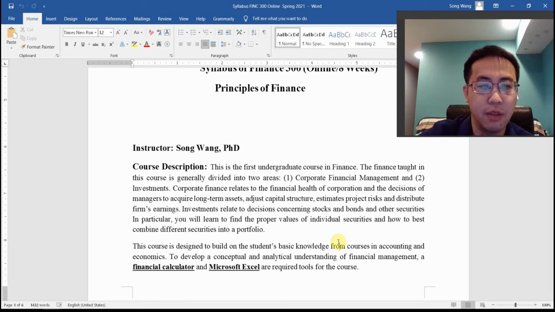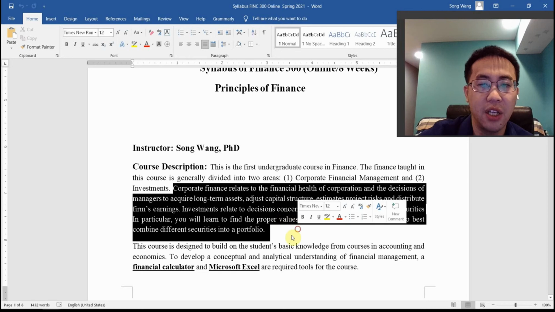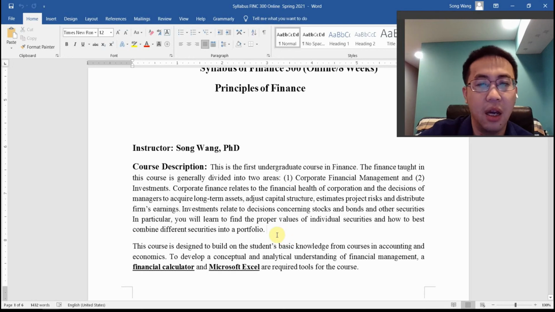You are dealing with the stocks, bonds, derivatives, and all these securities, trying to maximize the return and minimize the risk. Okay, and I have also listed the major areas covered in each of the streams. So you can just take a look. Since right now it's just a brief introduction, I'm not going to go into details.